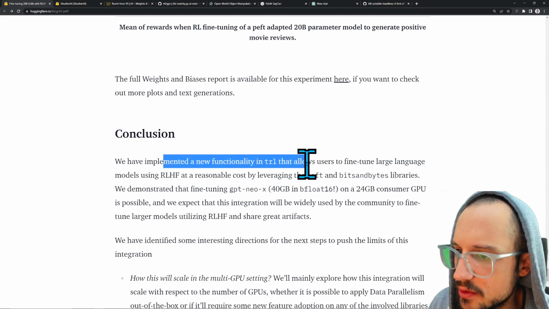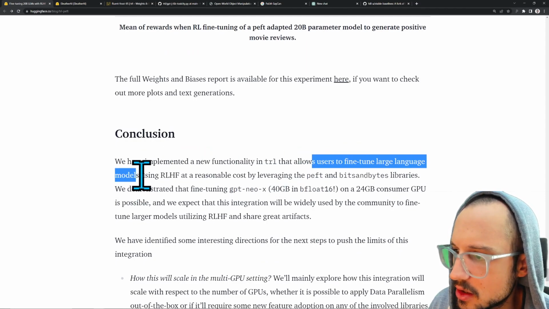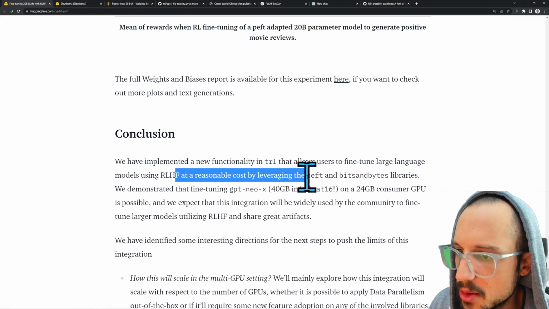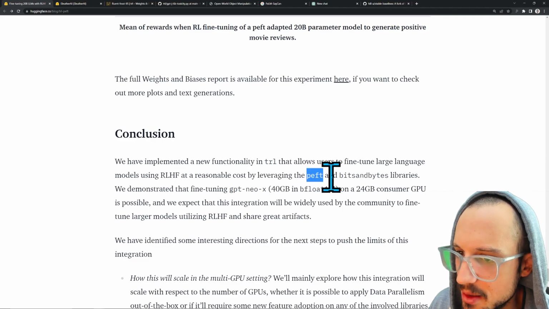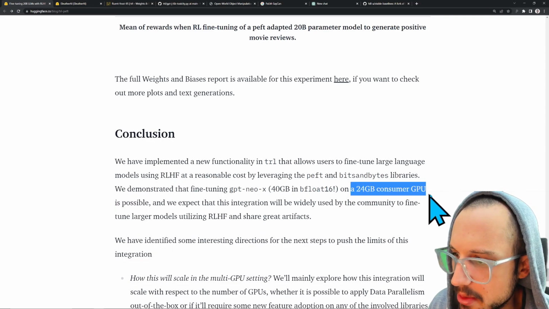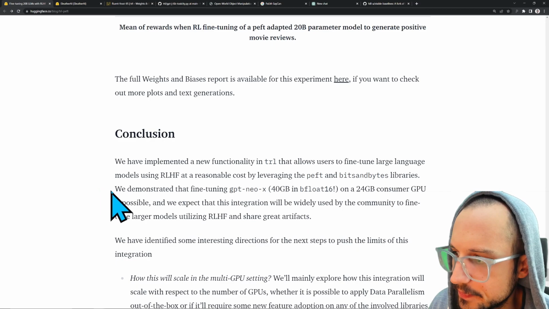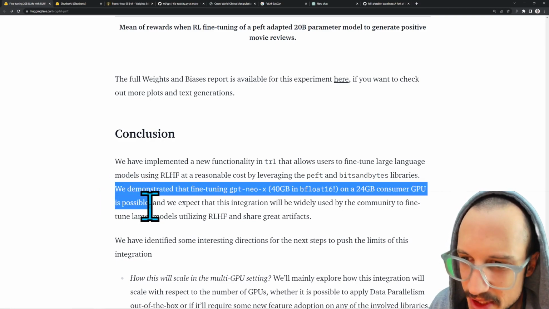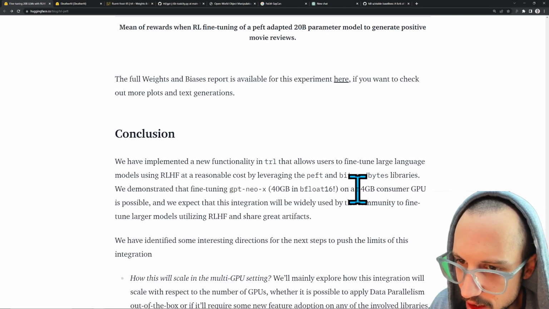We have implemented a new functionality that allows users to fine-tune large language models using RLHF at reasonable cost by leveraging PEFT and the bits and bytes libraries. Demonstrated that fine-tuning on a 24 gigabyte consumer is possible. Again, this is a little bit misleading because they did not use a 24 gigabyte consumer GPU.